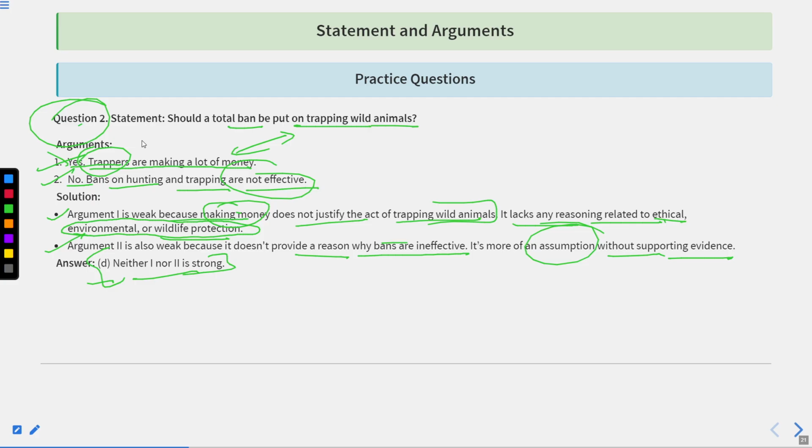You have to always ask yourself if the argument is addressing the issue raised by the statement. Discard arguments that deviate from the statement's topic or are based on personal opinions. So this is also based on personal opinions. So my dear students, all you need to remember in this particular lecture video is, first, we are not going to assume, we are not going to compare, we are not going to deviate from the topic that has been provided.